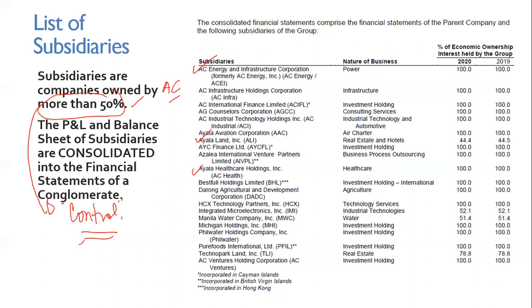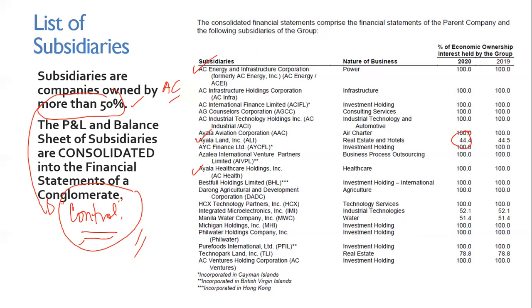However, may subsidiary na pwedeng lower than 50%. Pero meron pa ring control ang isang kumpanya over it. So we won't discuss the rules anymore, no? But essentially, in general, subsidiaries are companies na more than 50% owned ng isang kumpanya. Okay? If not, pwede pa rin basta may control. Ano yung features ng control, hindi na natin di-discuss in this class. It's higher accounting na. Okay?